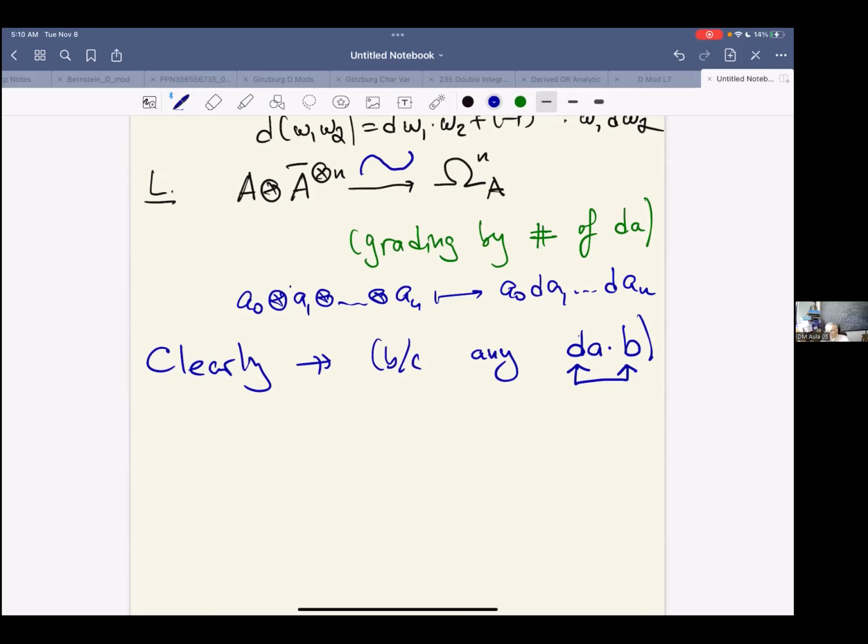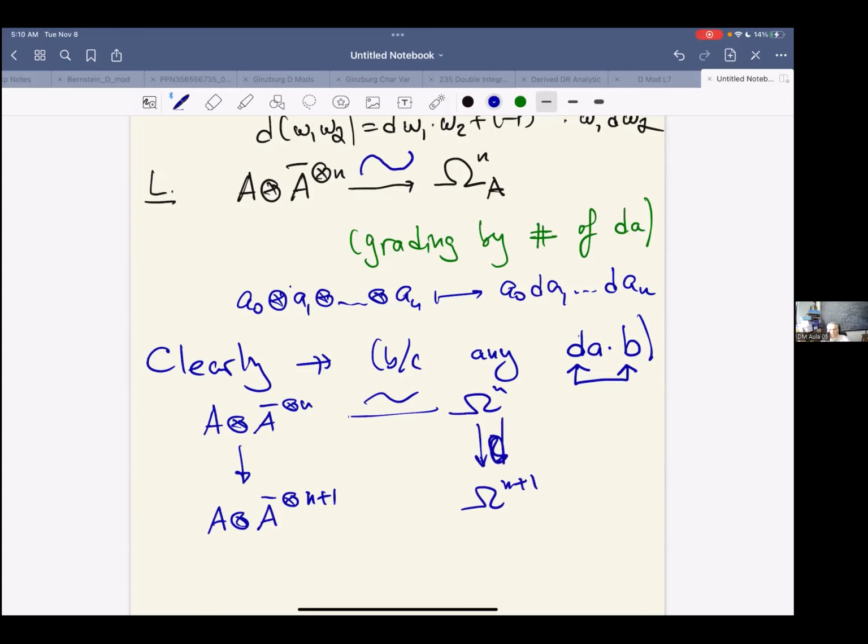Okay, so, and in particular, look at what the de Rham differential intertwines with, you see that it's a very, very simple thing.